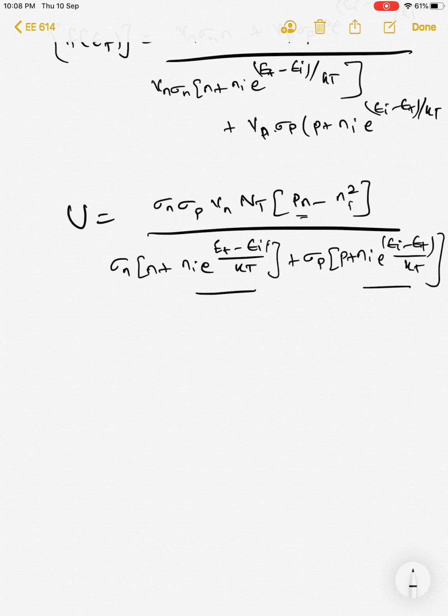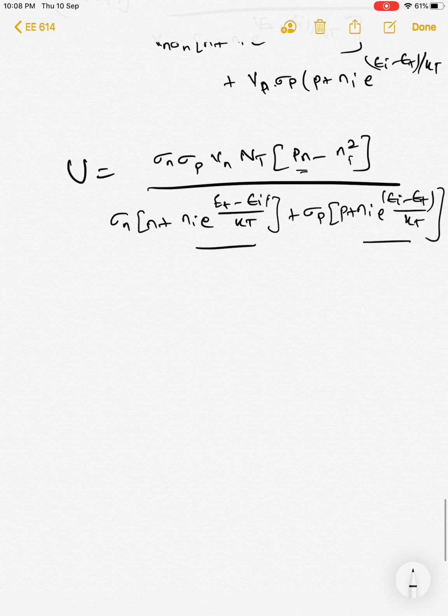So the main crux of this discussion is that trap associated recombination is very effective if the trap sites are deep levels, close to the middle of the bandgap. If it is close to the conduction band or valence band, then the emission efficiency becomes larger than the trapping efficiency, leading to reduced trap assisted recombination rate, right?